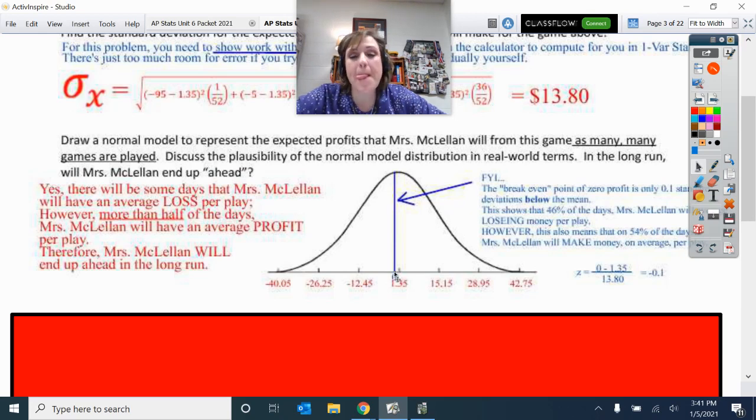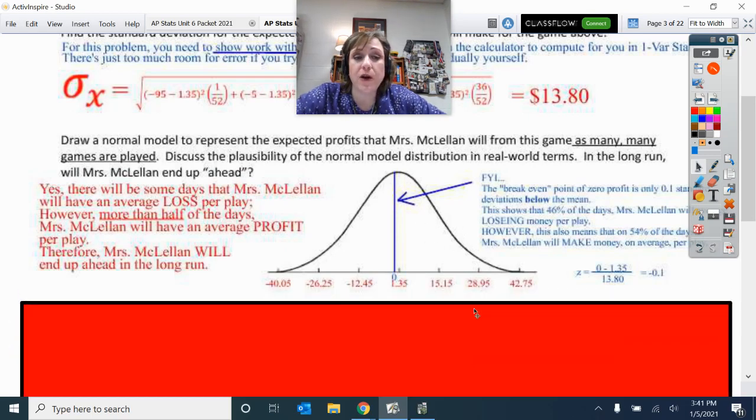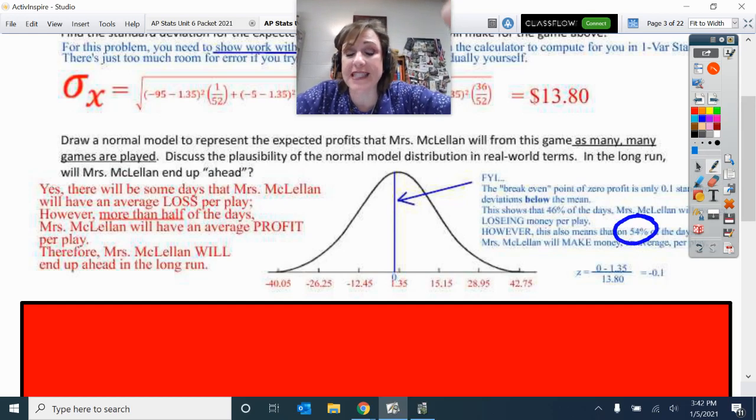Okay, but that's okay. So then to find this area here, if I norm CDF from this negative 0.1 up to infinity, I will win, I'm sorry, I will win 54% of the time. I will be ahead like 54% of the days.